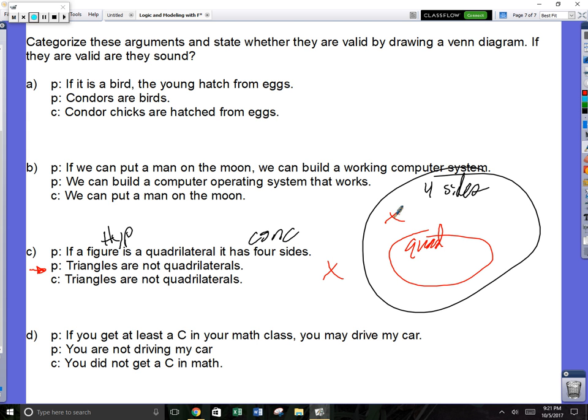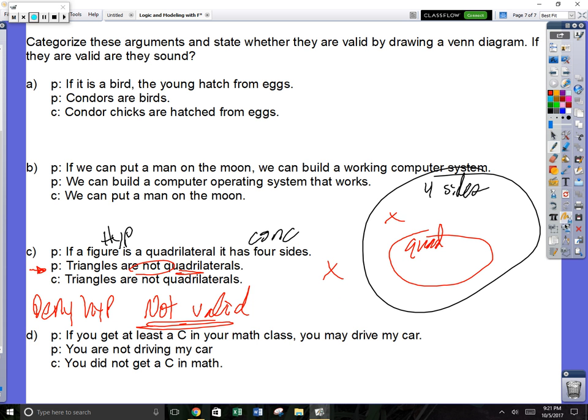So I've got one of two choices, so this is not valid. And what they did, they talked about quadrilaterals, which were the hypothesis, and they denied it. So they denied the hypothesis, and that is never going to produce a valid argument.